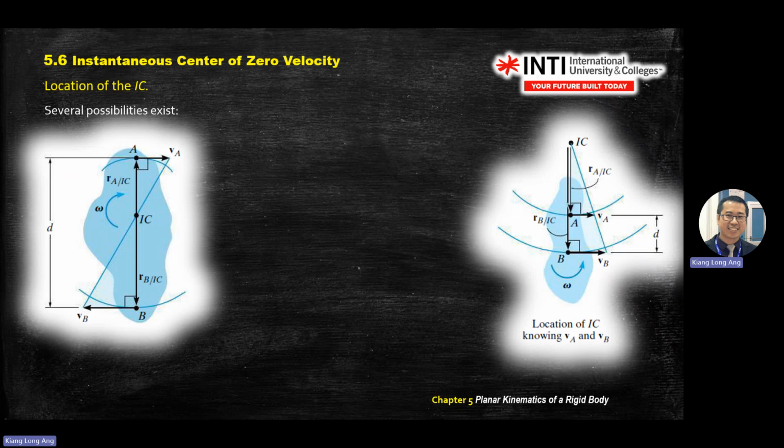You draw the tangent vector for A. B, where does it go? This way. Then how do you draw the IC? You use your ruler, the corner of the ruler at A, you draw one line. Corner at B, again draw one line. The intersection is at the center here. In this case, A and B join at the center. Okay, this is how you draw it, and this is the distance between these two.